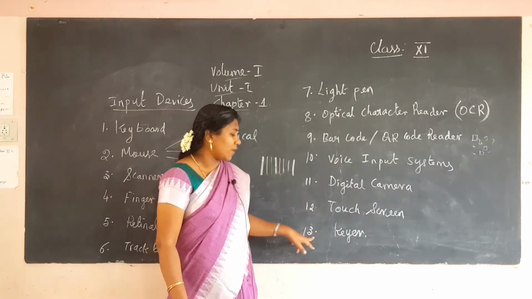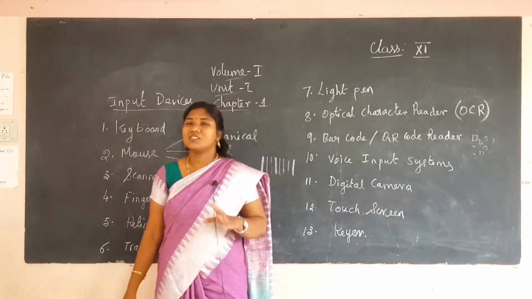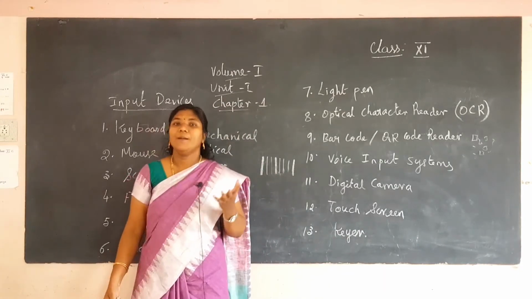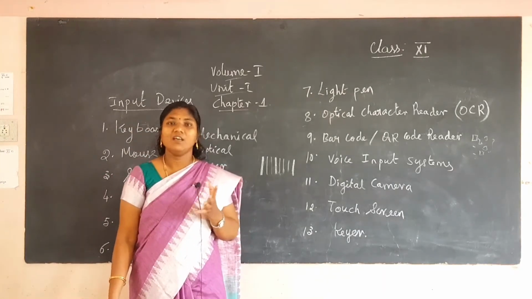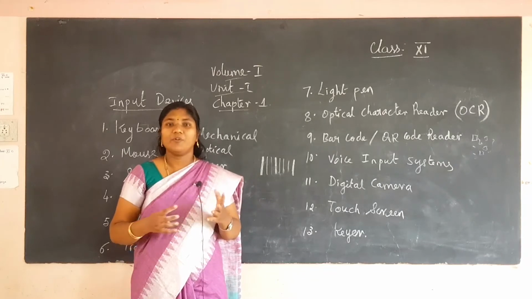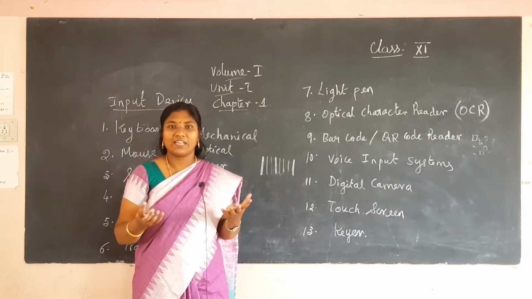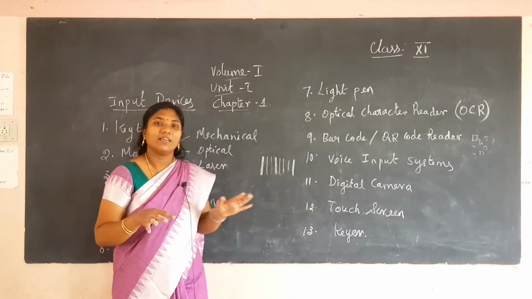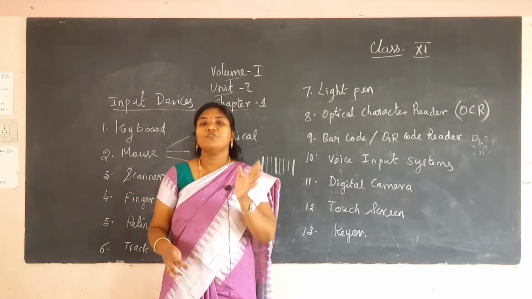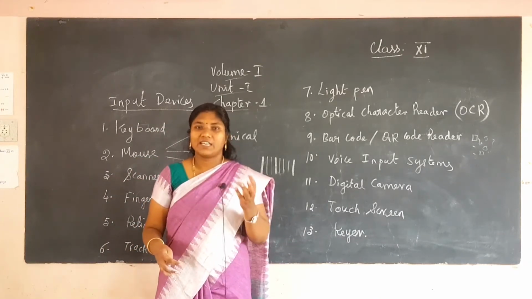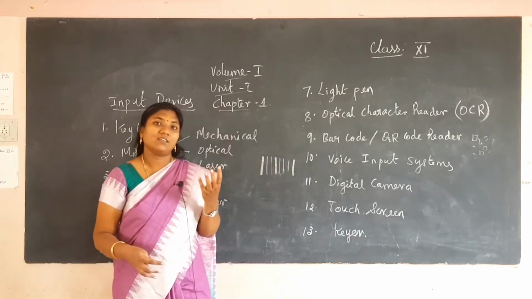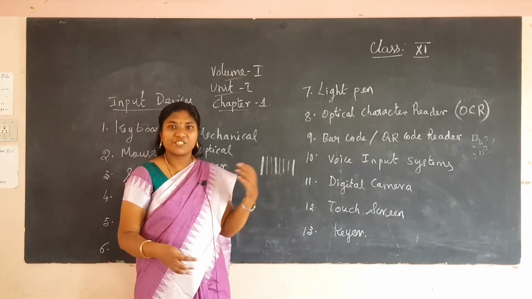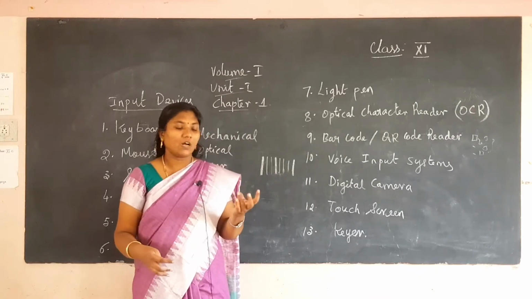Okay. And the 13th one, care. It is also similar to the keyboard, but it has only a few keys. There are 4 to 50 keys, not like a keyboard. In a keyboard, as I said, there might be 108 keys, but in care, there will be 4 to 50 keys, and the keys are operated using the fingers. A picture will be shown in your book of how the care is.